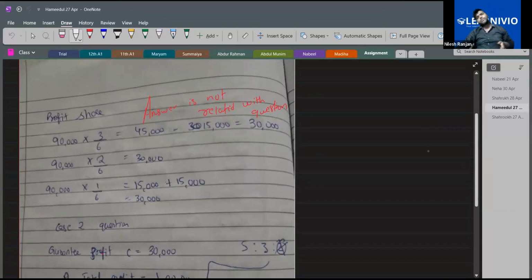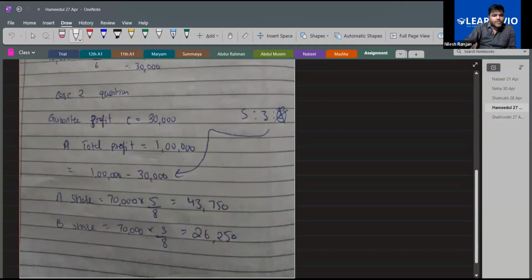I have matched with the previous and the next homework, but it doesn't match with any. So please solve the question as per the homework given, not any random question from your book. Also, you have to use the proper format. What you are doing here is not the format of guarantee of profit or past adjustment. You are doing the solution without preparing the format.